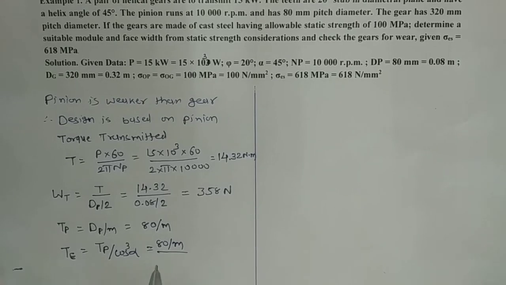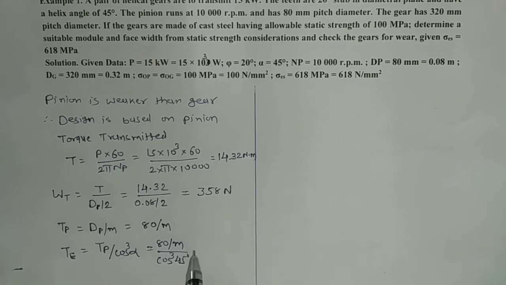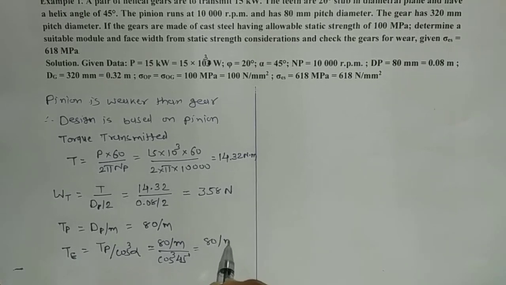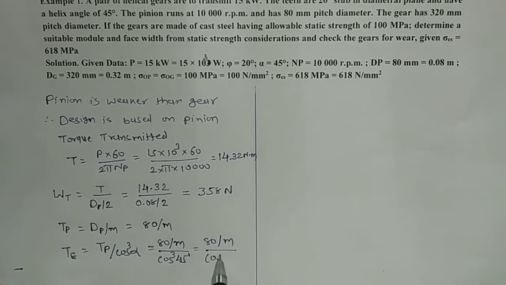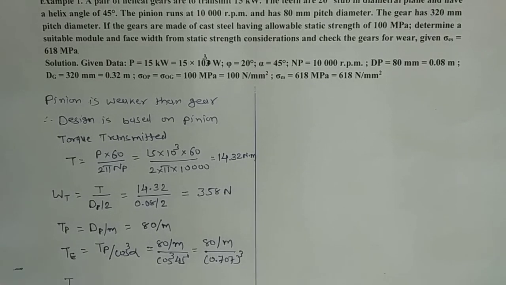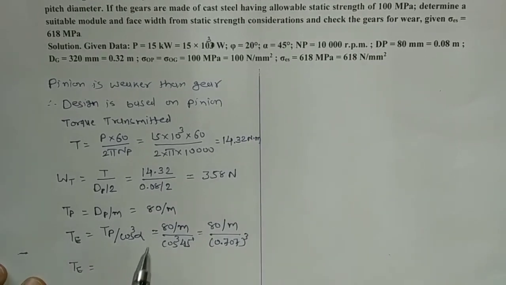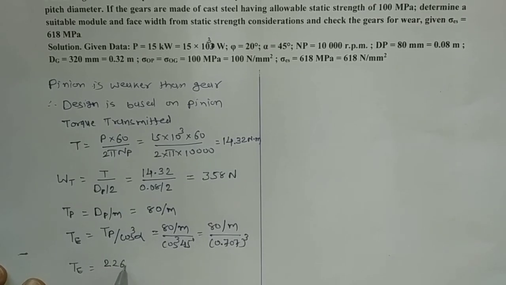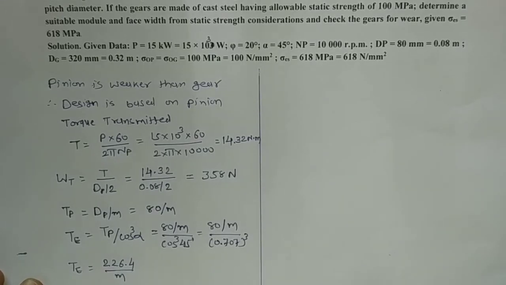So 80 by m upon cos 45, which is 0.707, cube. Therefore the equivalent number of teeth TE is equal to 226.4 by m. Okay, equivalent number of teeth is given by this equation.